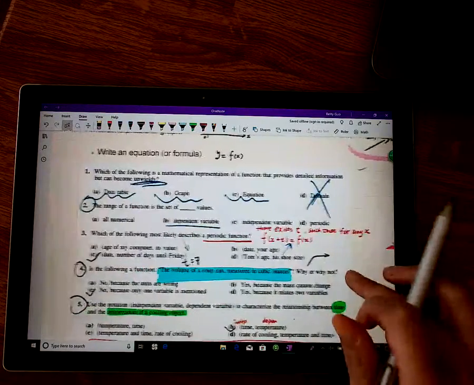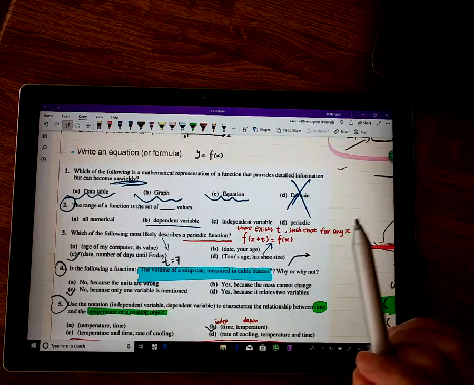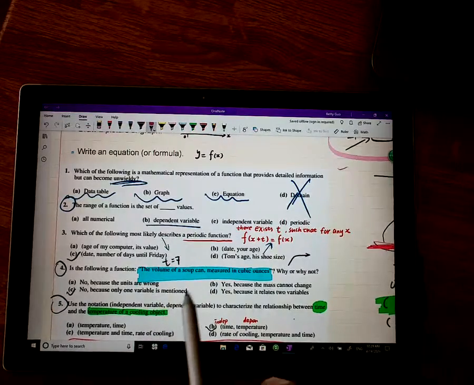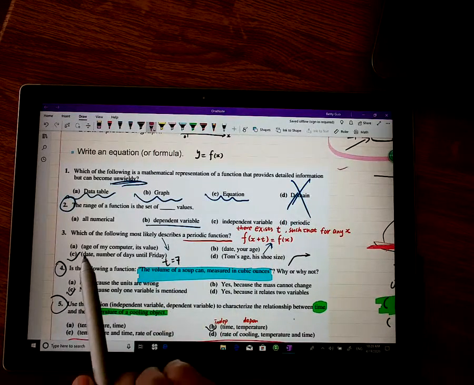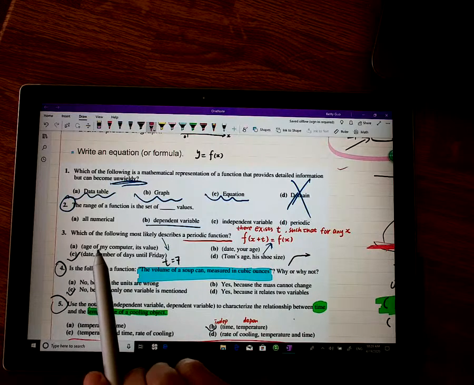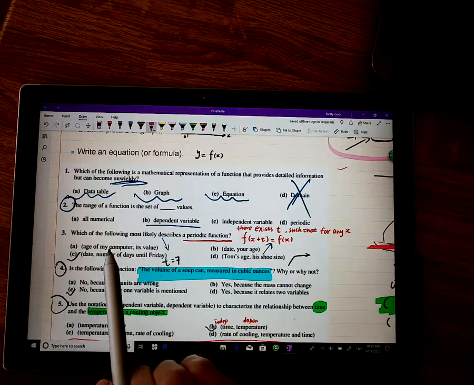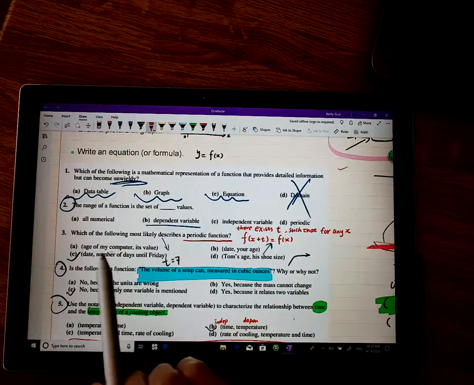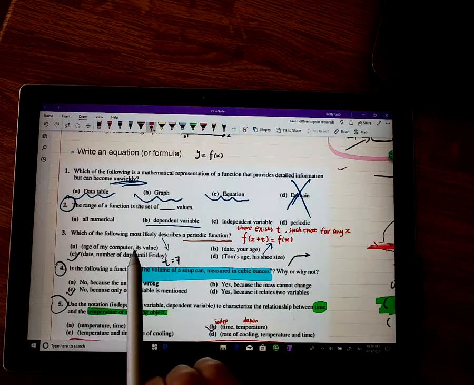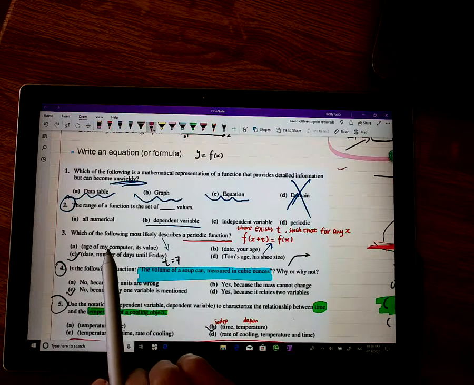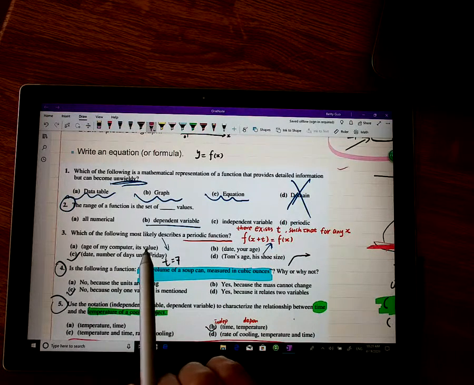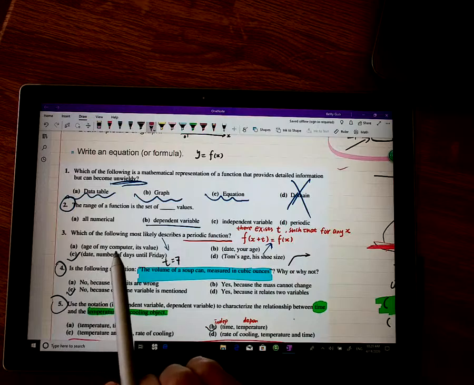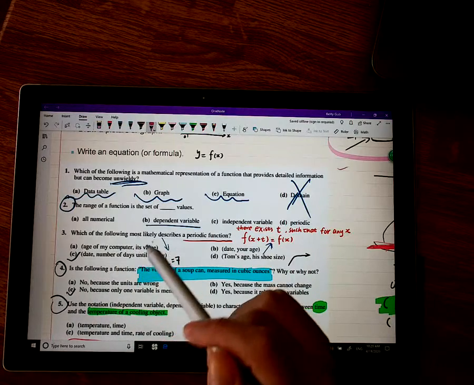Well, maybe we can look at the 4 answer choices to understand what is a periodic function. Part A. The way they represent the function is to give you ordered pairs. Then the x variable would be the first component. The dependent variable y would be the second component. Age of my computer, its value.